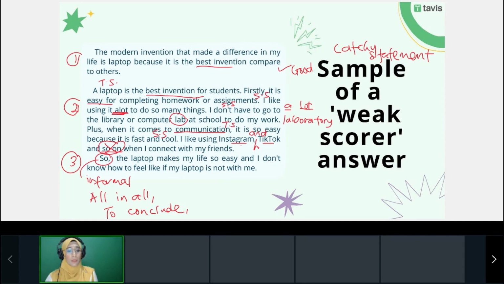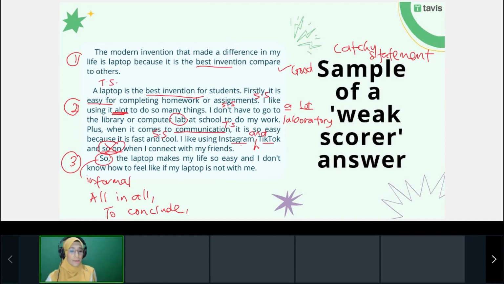The sentence "the laptop makes my life so easy, and I don't know how to feel if my laptop is not with me" sounds like a conversation. Because your essay is a formal kind of writing, avoid using informal or conversational language.